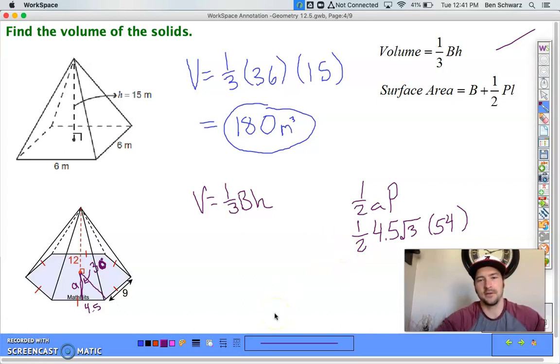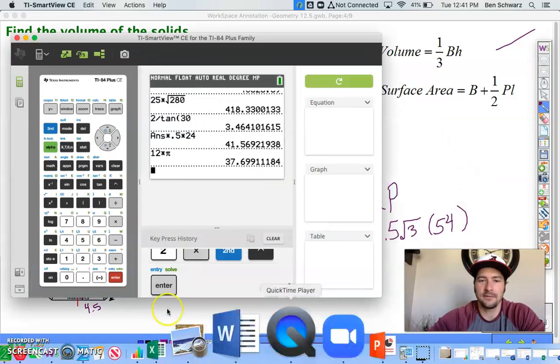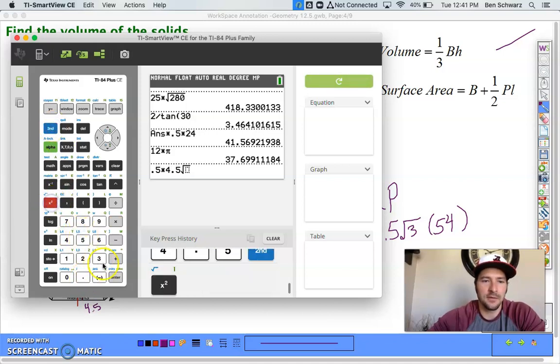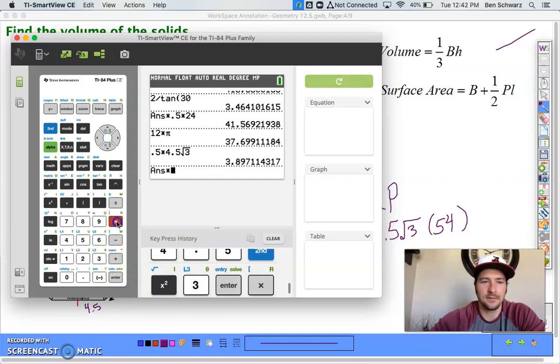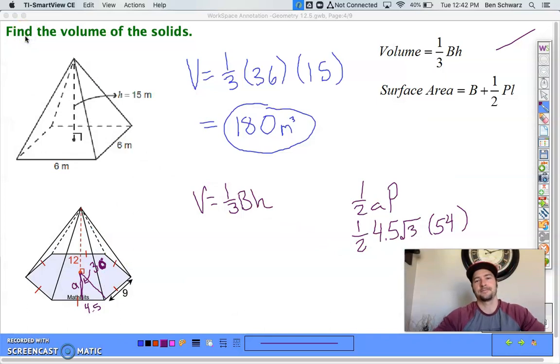So let's go ahead and do that. So 1/2, or 0.5, and then times 4.5 times square root 3, and then I'm going to hit enter because I don't want the 54 with the 3, and then times 54. There we go, so 210.44.